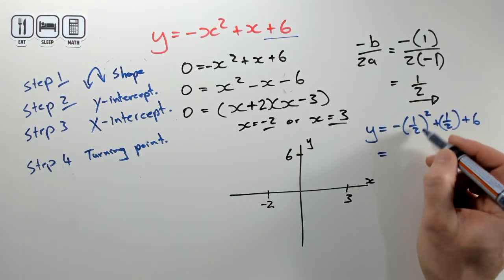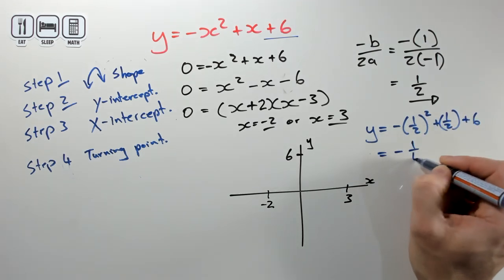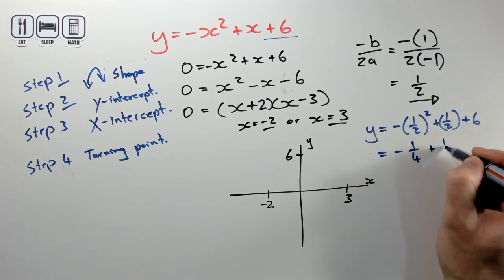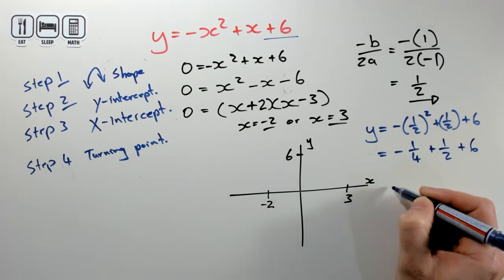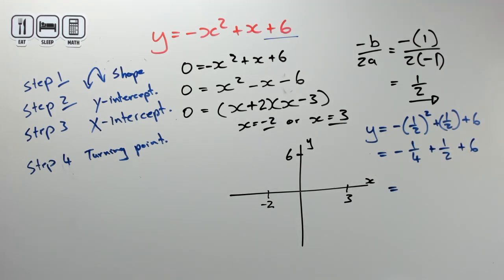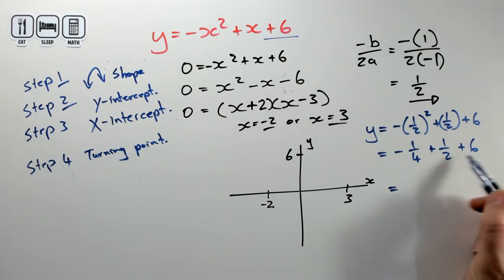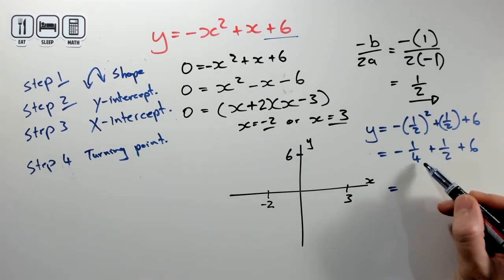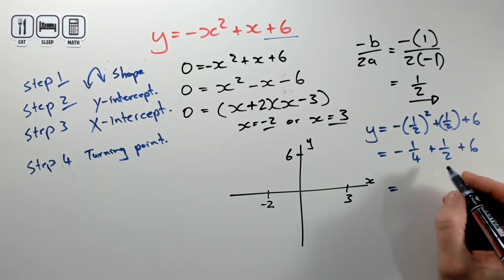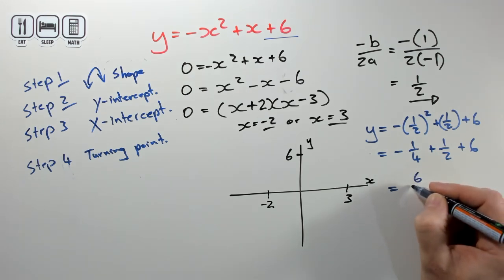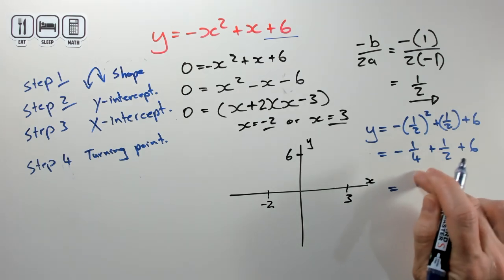And this should be -1/4 plus a half plus 6. And I'm going to cheat a little bit, and I should be able to get this. 6.5 minus 1/4 is going to be 6.25.